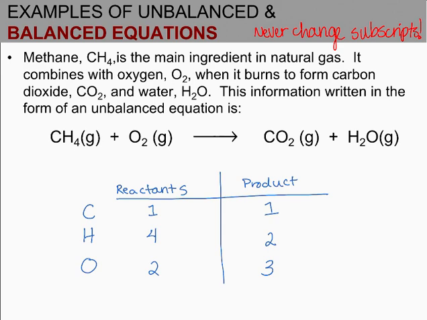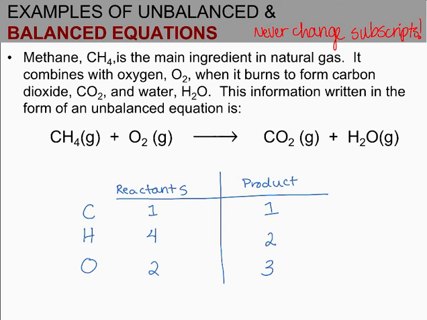So if we change the subscript, we're also changing the ratio of elements within a molecule, and that's going to just change the nature of the molecule. And that's not going to reflect the actual reaction that's taking place. So instead, the only thing we're going to change are coefficients. So we can add a coefficient in front of a molecule in order to get the number of atoms we need, but we never change the subscripts.